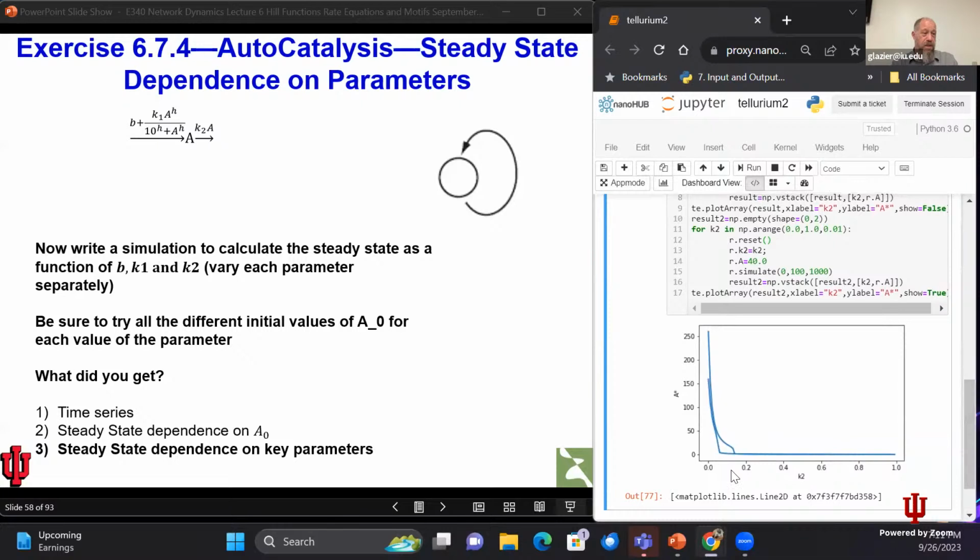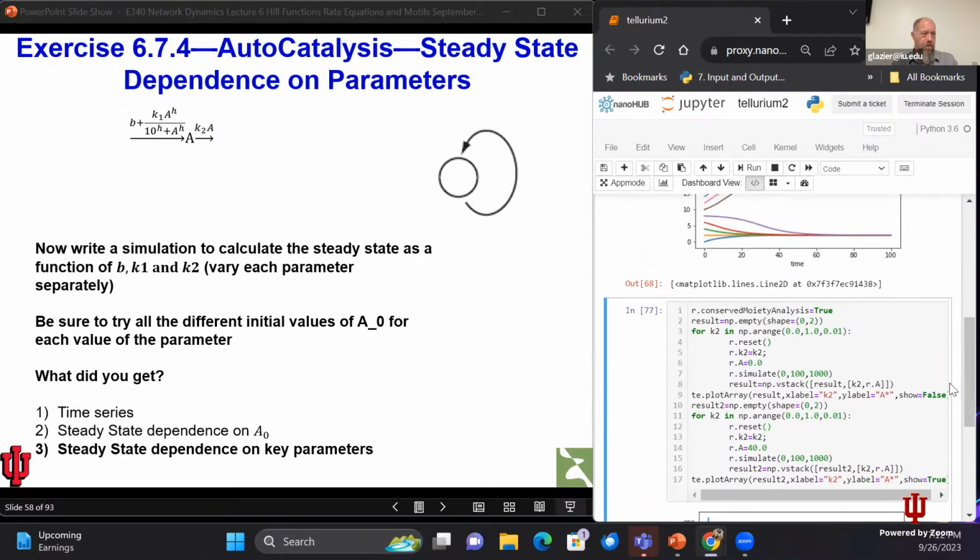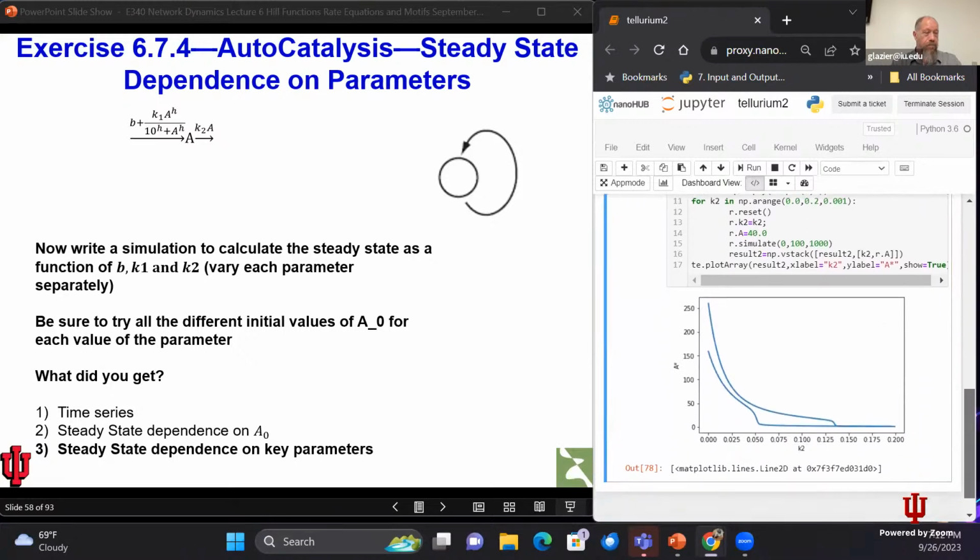Now, in this case, actually, all the action happens between 0 and 0.2. So let me zoom in on that. Here's K2.